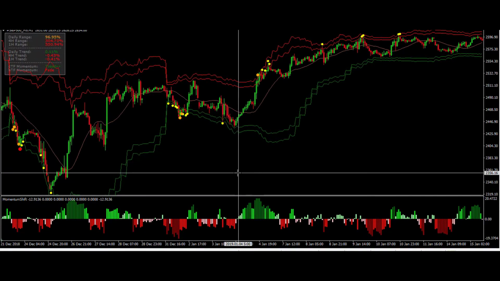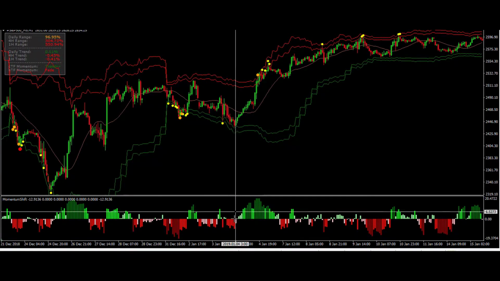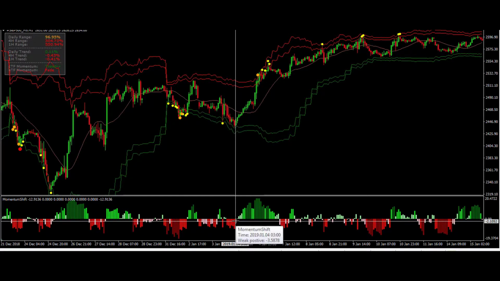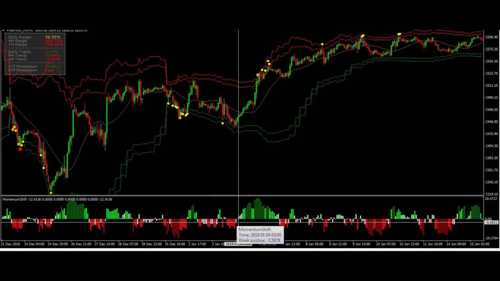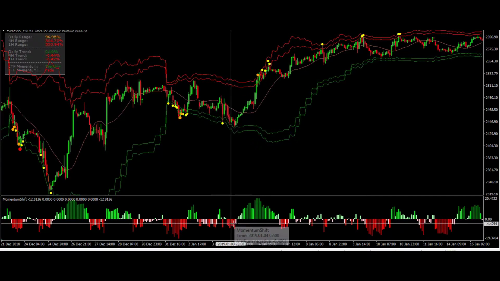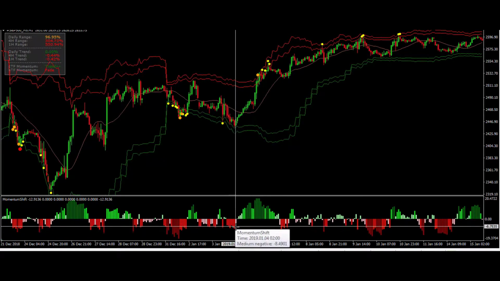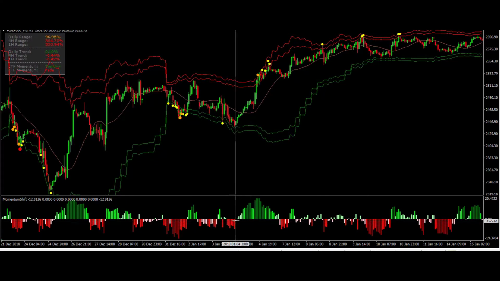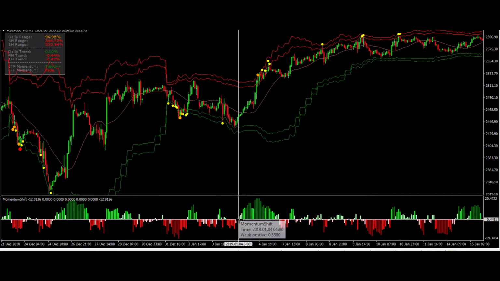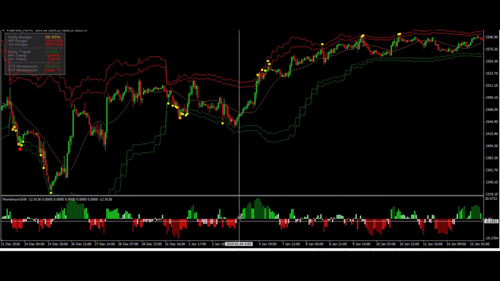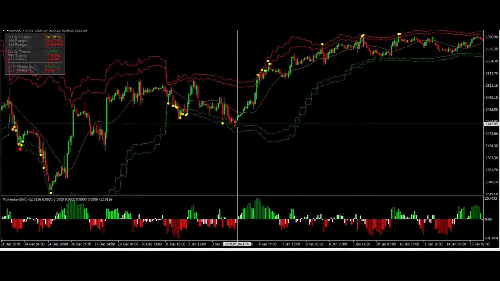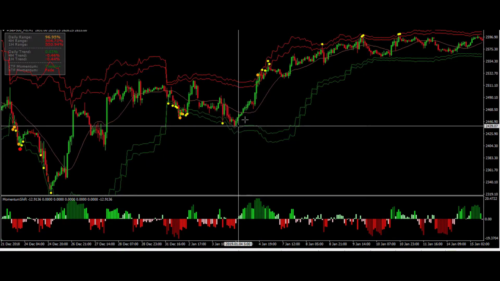Let's look at this example. This is another really good one, where again the momentum shift histogram is posting consecutive red bars underneath the zero line, representing bearish momentum. And then soon after that, as soon as the momentum shift flips on the zero line and you start seeing white and light green and dark green bars above the zero line, that's the time when the market is building more momentum towards the upside.